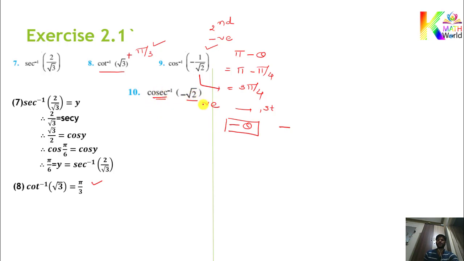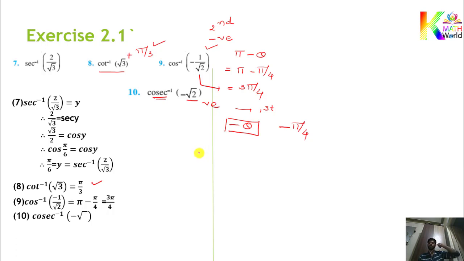Cosec pi by 4, it means you get minus pi by 4. That is your answer, which you can see here. Okay, whatever we discussed is the same thing over here.